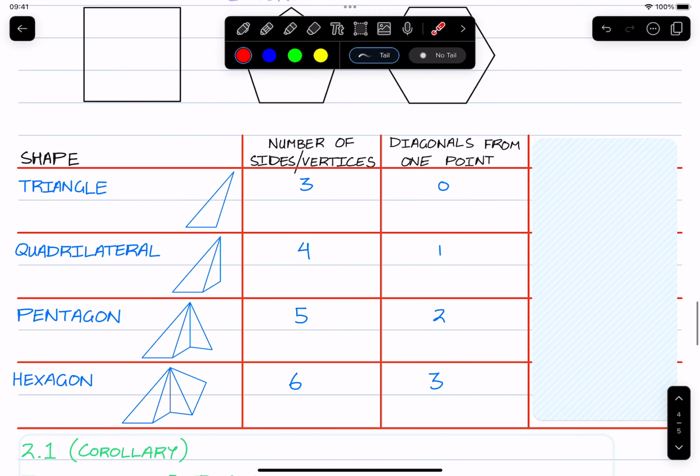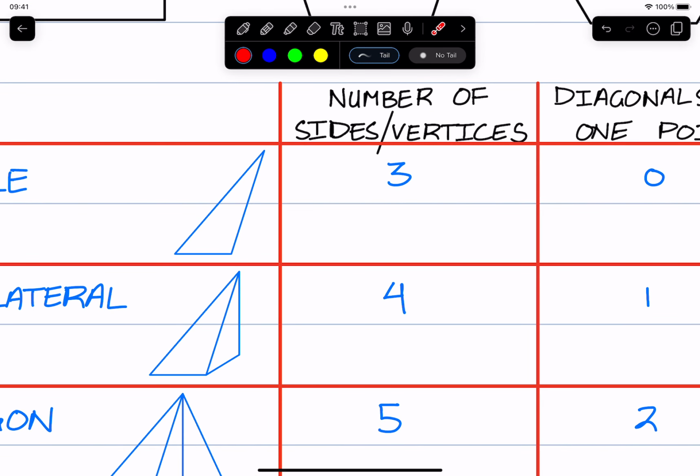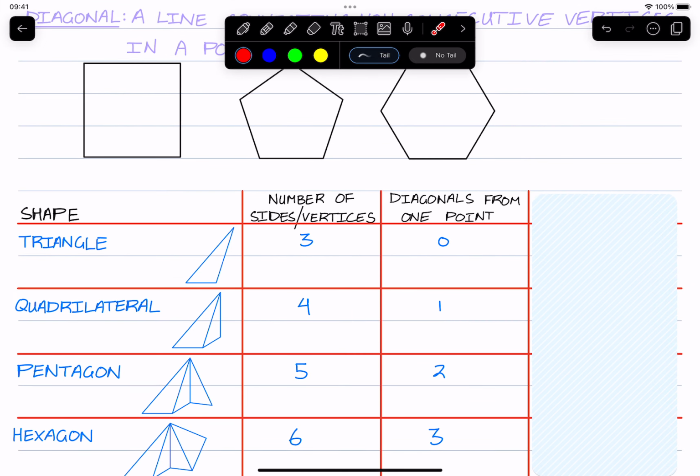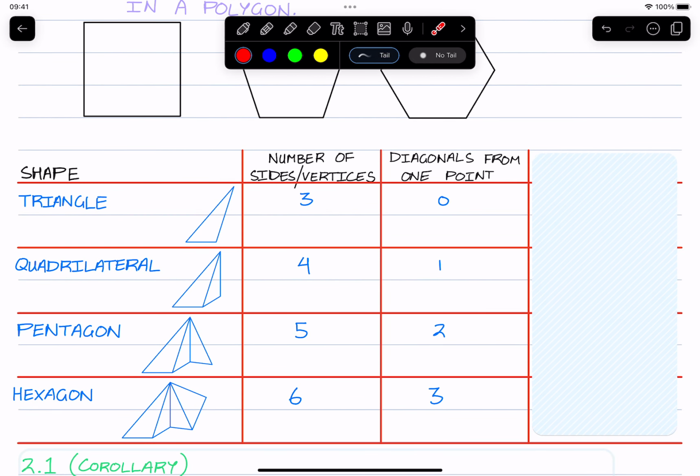With a triangle that has 3 sides, if we try to draw a diagonal from here, there aren't any, because that's an edge and that's an edge. There are no non-consecutive vertices in the triangle. So the number of diagonals from one point in a triangle is 0.